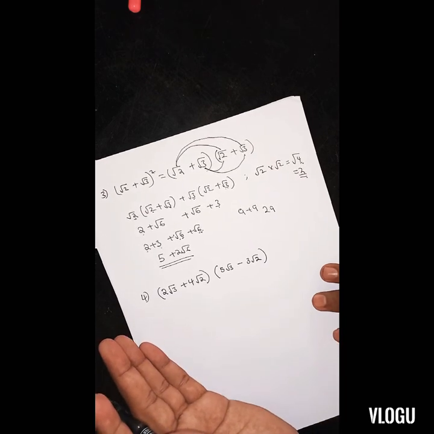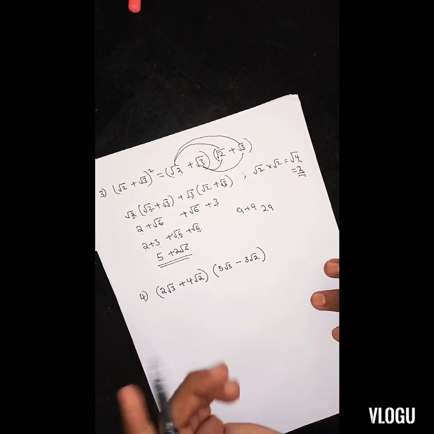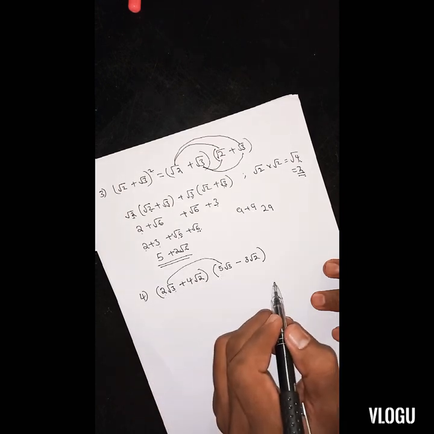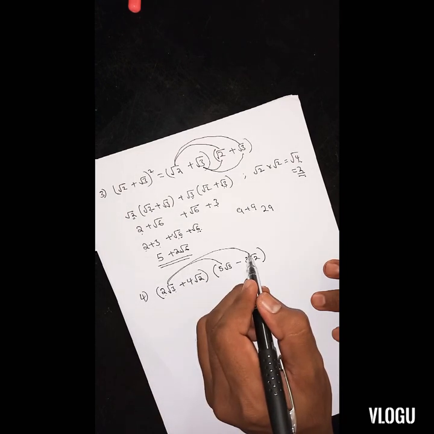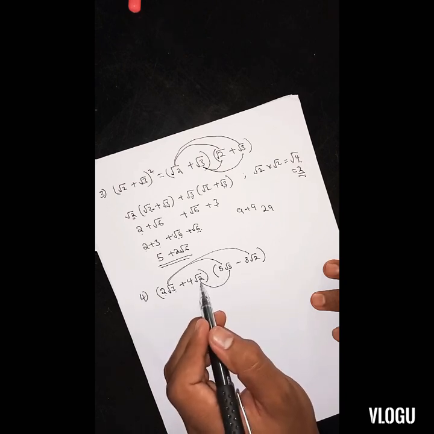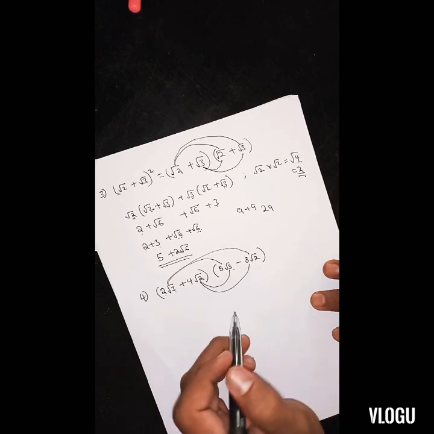So, very easy, you do the same way. You take this 2 root 3 multiplied by that, again 2 root 3 multiplied with that. The same way you multiply the remaining one with this one and then with this one.